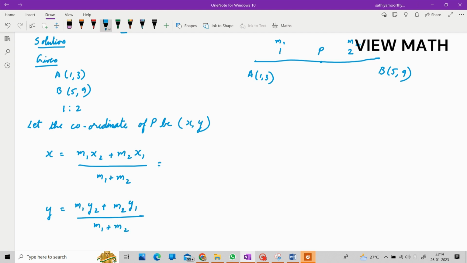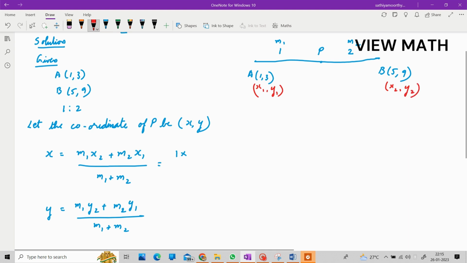This is my y coordinate. Let me substitute all the values to find x and y. This is my (x1, y1), and this is my (x2, y2).